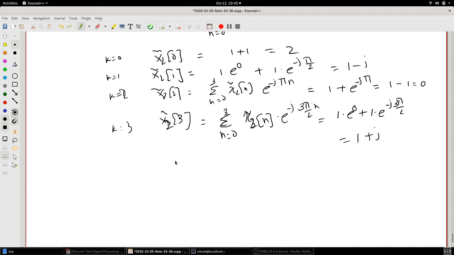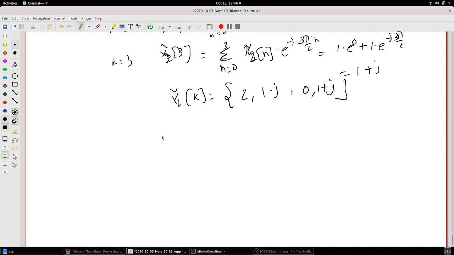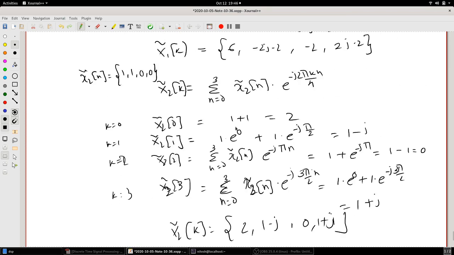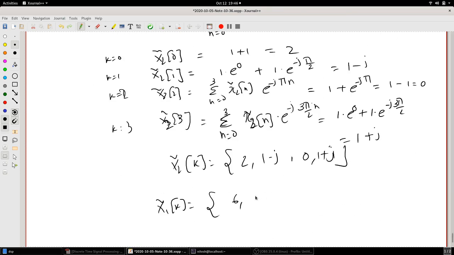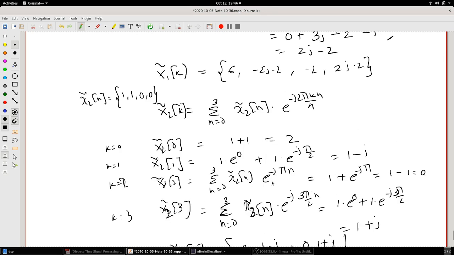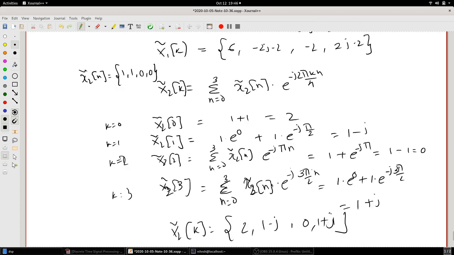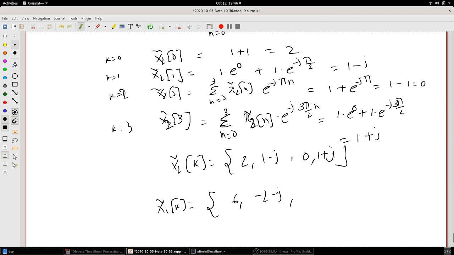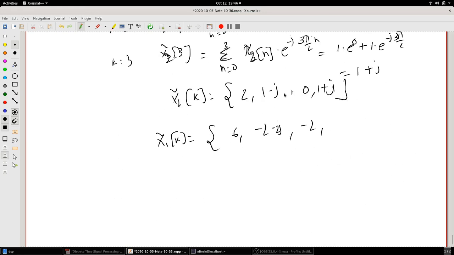So what I have is x2 tilde of k is given as 2 comma 1 minus j, 0 comma 1 plus j. Okay, so this is what I have. So x1 tilde of k was given as 6, minus 2 minus 2j, minus 2, then this is minus 2 plus 2j.